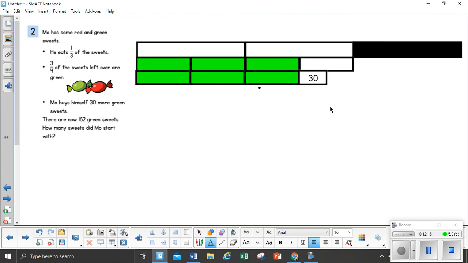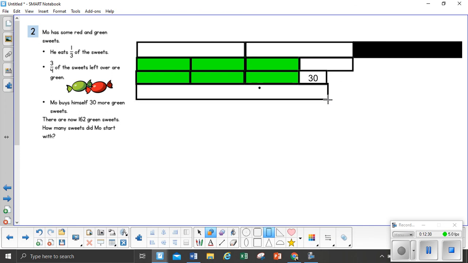Okay, so he had 3/4 of sweets left over were green. He bought himself 30 more green sweets. And now there are 162 sweets. Okay, so all this now is equal to 162.